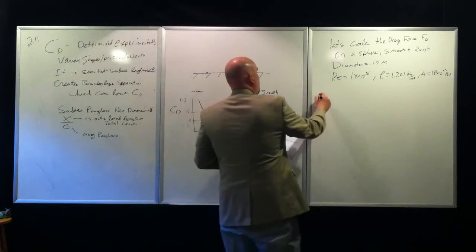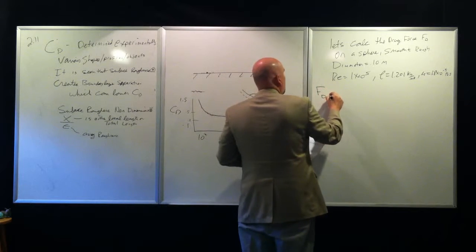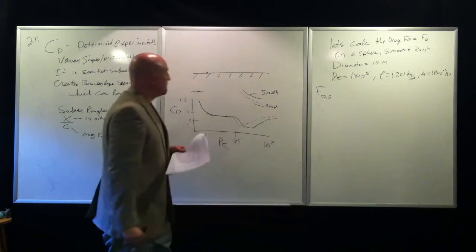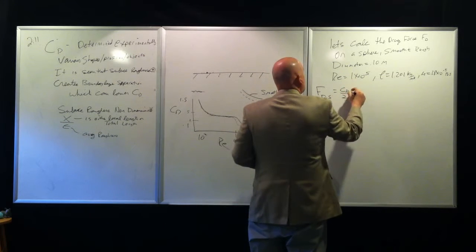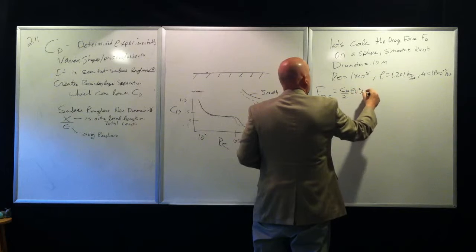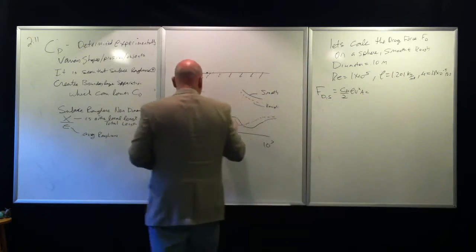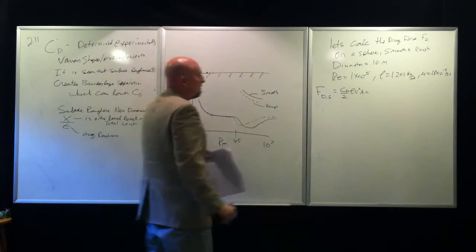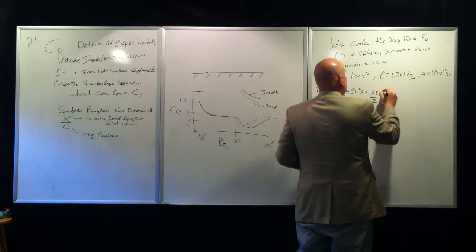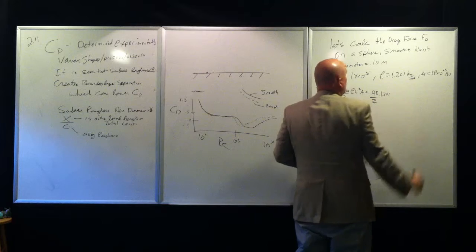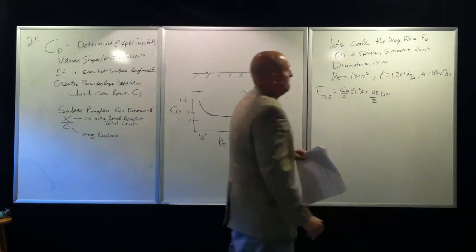Let's calculate the force of drag for the smooth sphere. We all should be familiar with this. The coefficient of drag times 1/2 rho v squared A. The coefficient of drag for the smooth sphere is roughly 0.48, divided by 2, the density is 1.201, the velocity, and the area.